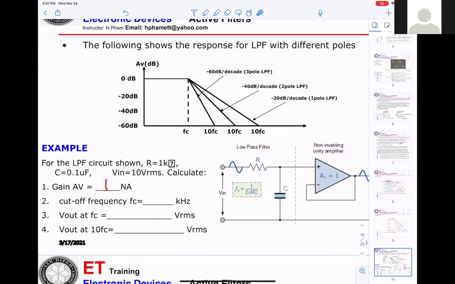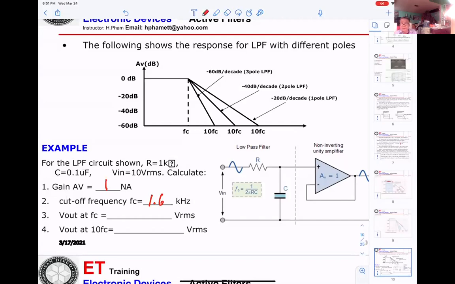Yes, Mr. Fan, 1.6 kilohertz. Oh, on that one, you have to flip the formula around and solve for R, correct? What do you mean? Never mind.